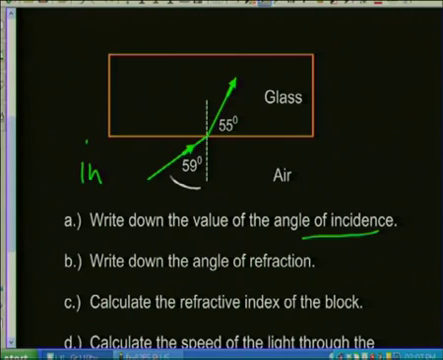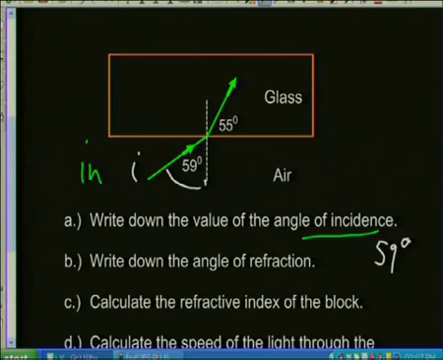We can simply write that down. The angle of incidence here is 59 degrees. Remember, it's measured from the normal. So as I've indicated here, it's measured from the normal to the incident ray. This is the incident ray, and we're recognizing it's going in.